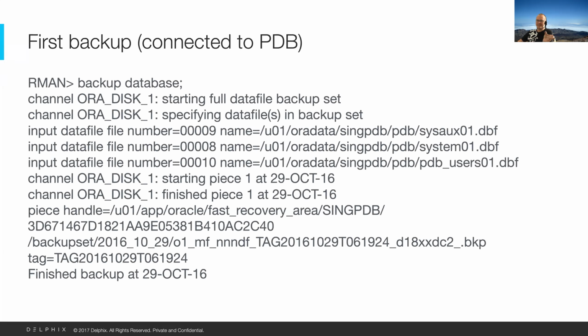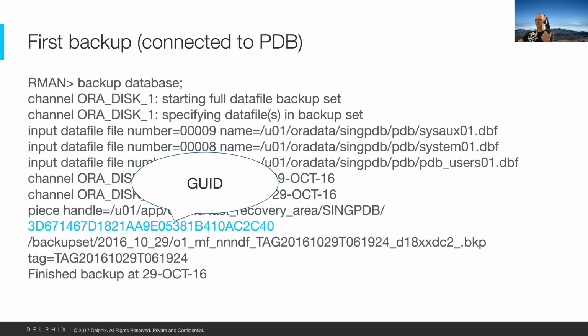We always backup a database, but depending on where we connect, the granularity of the backup will be different. So if you backup on the PDB level, the backup is going again to the fast recovery area, but there will be a GUID of your PDB used in the output.